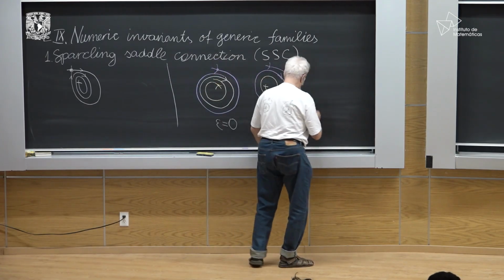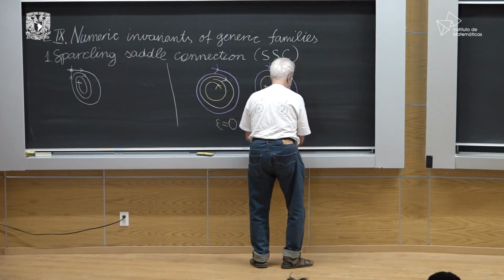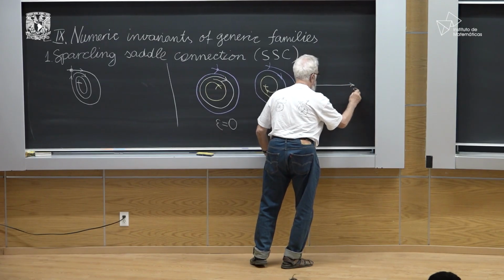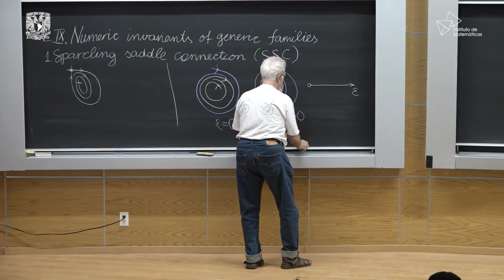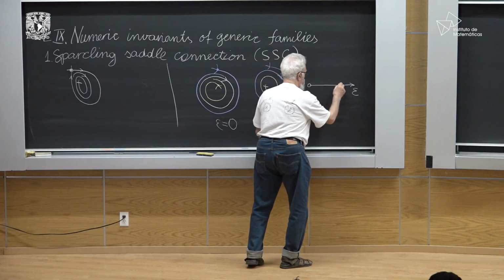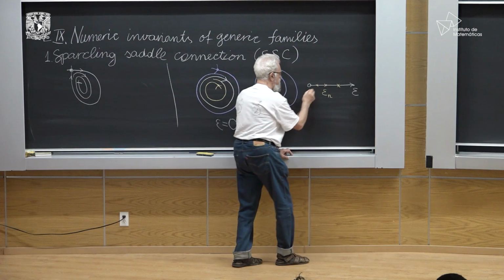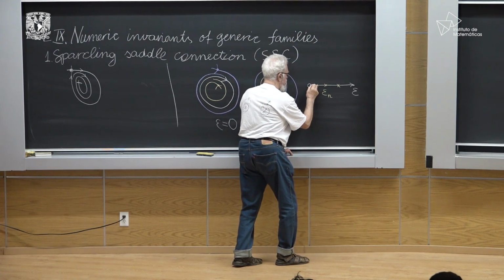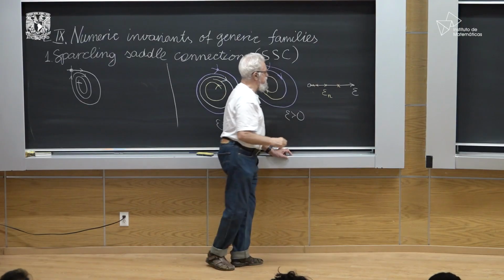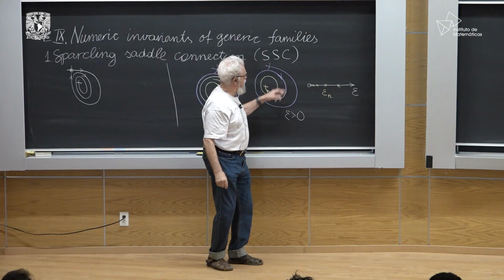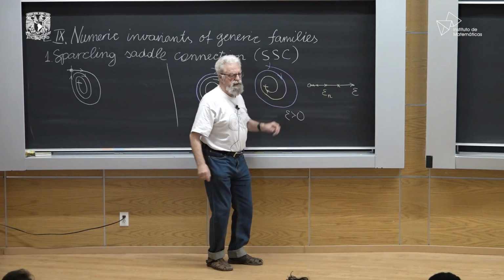And on the parameter axis, epsilon, you get a sequence of parameter values that correspond to the sparkling saddle connections. The smaller this particular value is, the more winds, the longer the separatrix connection is.